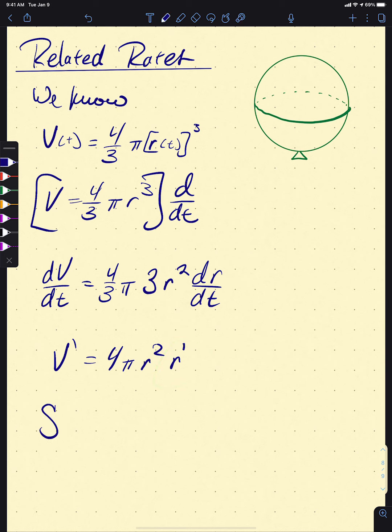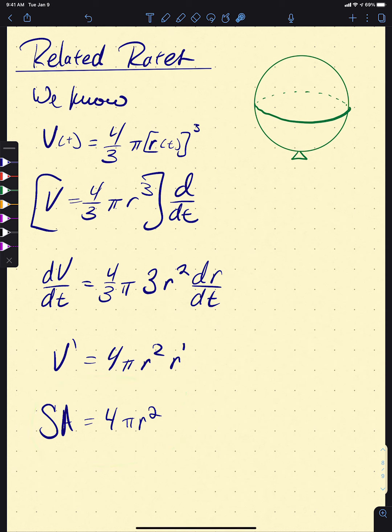You could make a similar argument for the surface area. The surface area, rather, of a sphere is 4 pi r squared, right? It's 4 times its sort of shadow, which is interesting. But you could actually follow the same thing on this.